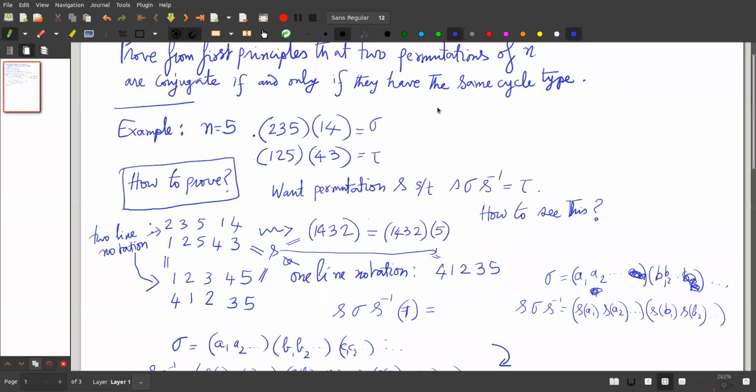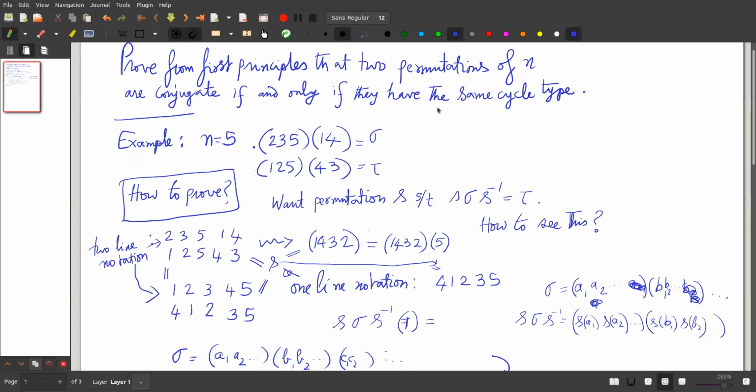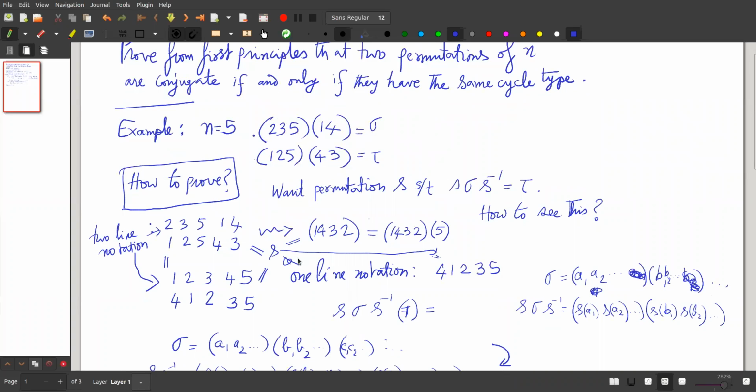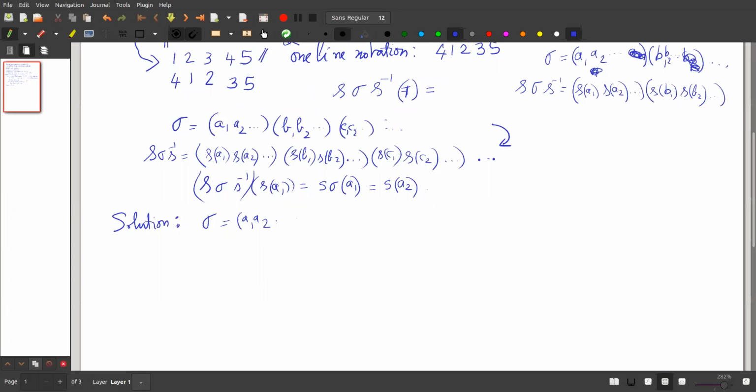So I'm doing that direction of the statement. Given that they are of the same cycle type, we want to show that they are conjugate. And for that, you write like this. So write out sigma in this cycle notation, and tau.